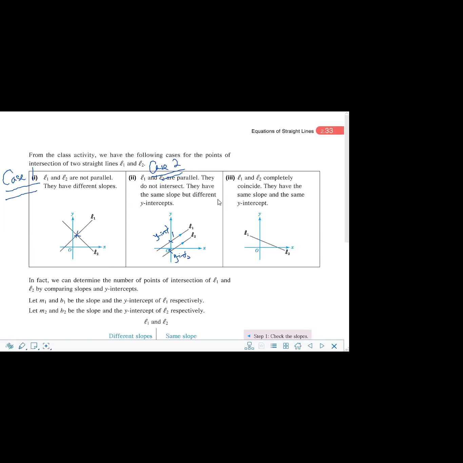And then case three is that if L1 and L2 are parallel, and they have the same y-intercept, so y int 1 and y int 2 are the same, then the two straight lines will be completely overlapping each other.